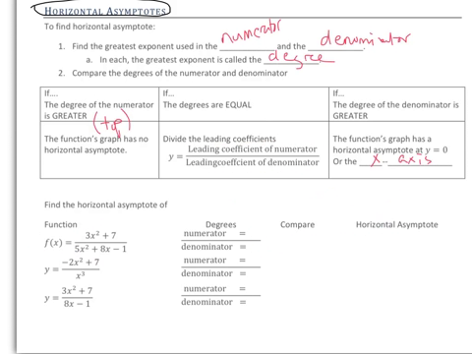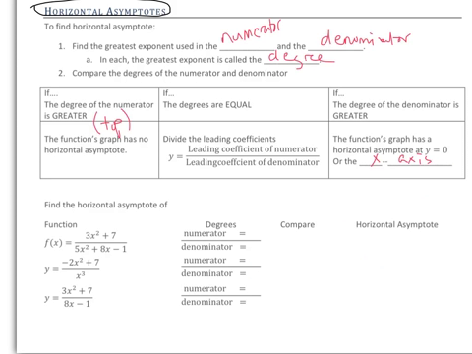For the second one, notice the power of the top is a 2, and the power of the bottom is a 3. And now that I know that the bottom is bigger, this is what I would call bottom heavy, then my horizontal asymptote will always be y equals 0. So that means if I'm finding the range, it would be all real numbers, but y cannot equal 0.